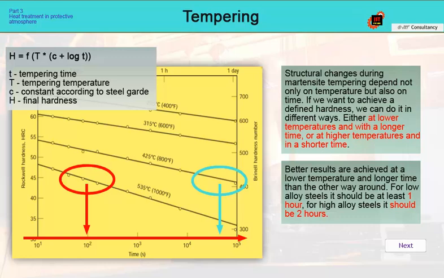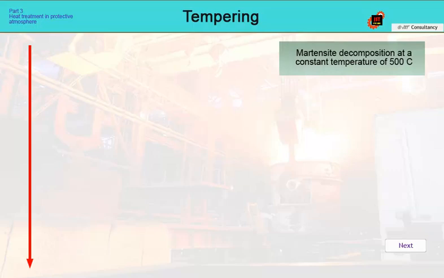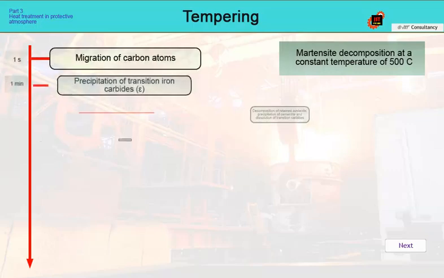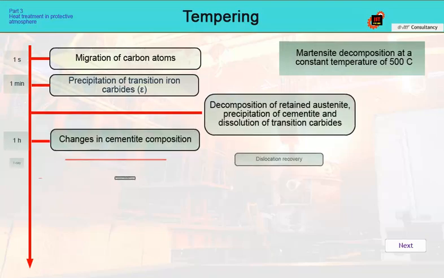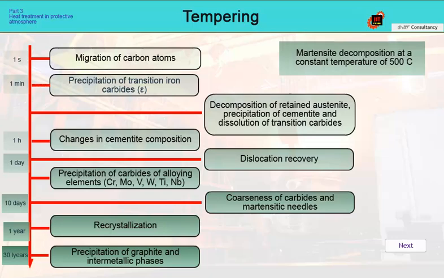our heat treatment plant. If tempering were carried out at a constant temperature for a very long time, then the individual stages of the breakdown of the supersaturated martensite structure would proceed in the timeline as shown on the screen, in the same way as if we were increasing the temperature. Some phenomena will occur immediately, and some will occur gradually, as diffusion processes and carbon migration take place in the steel.